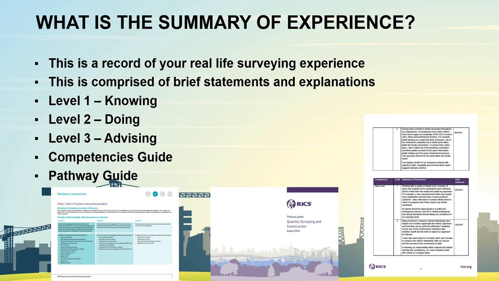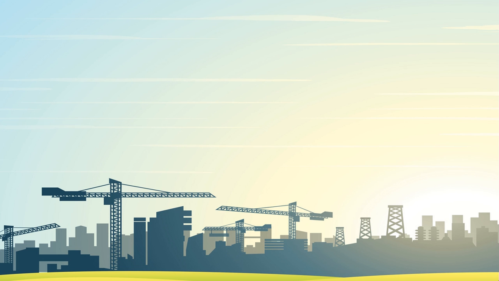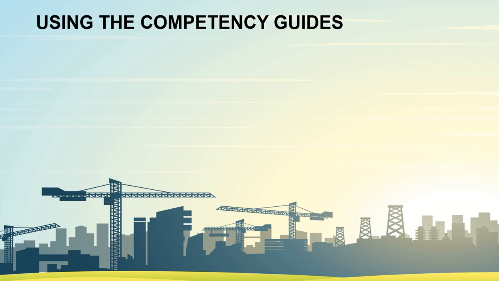So I think the first job that I would advise is really just to print out these guides. You can come back to these when you're completing your submission documentation and sense check all the examples that you're populating. I also mentioned that the pathway guides and the competency guides are all available to download from the RICS website.